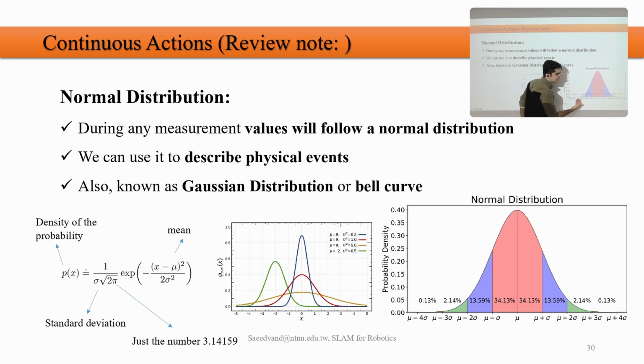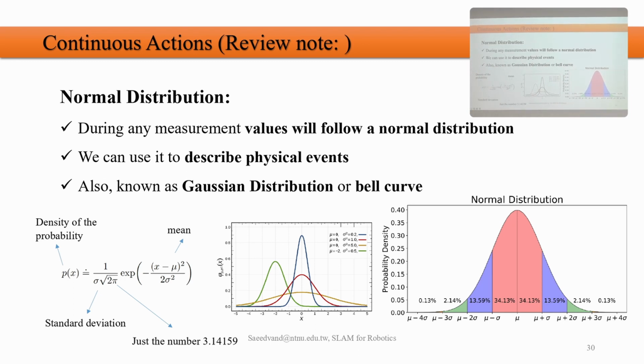It says that if this is the probability of something occurring, the probability of occurring in the center is higher. Here it is lower. So we show it with the mean. Mu is the mean that shows where the center of the probability distribution is. So we have the meaning of the mean and the meaning of the covariance.